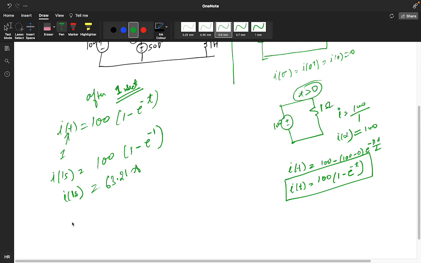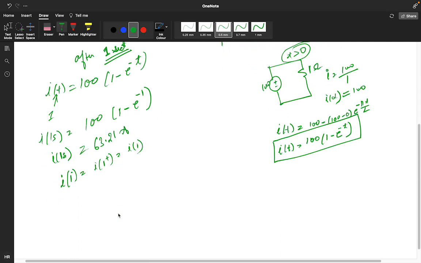So this means I of 1 minus will be equal to I of 1 plus will be equal to I of 1, because an inductor does not allow a sudden change of current. So it's behaving like 0 minus, 0 plus.